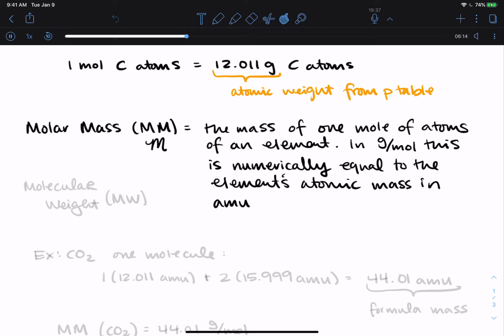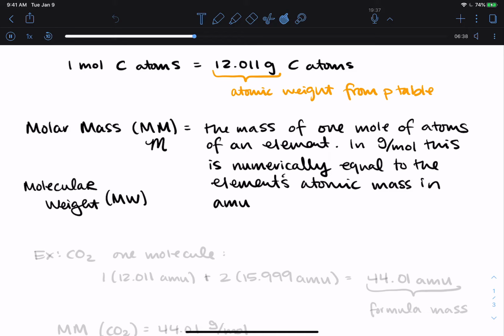Okay, so this also applies to molecules, and because it also applies to molecules, depending on the resource that you look at, sometimes you will see this listed as molecular weight and abbreviated MW. These are used interchangeably.